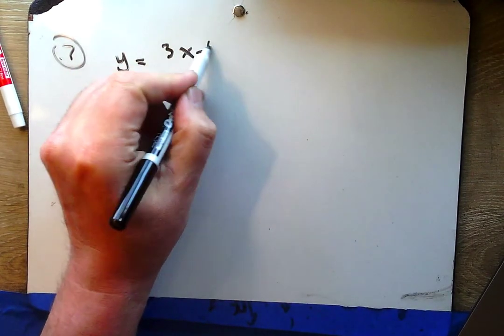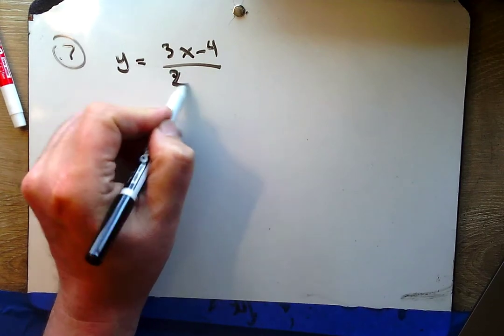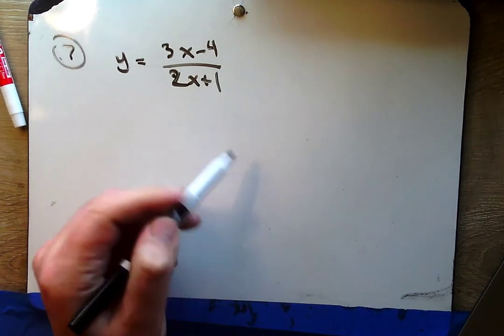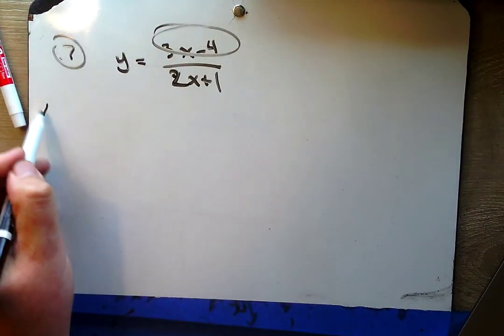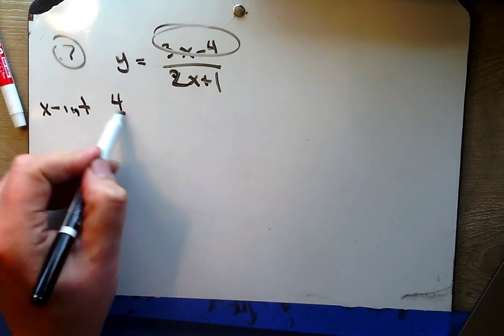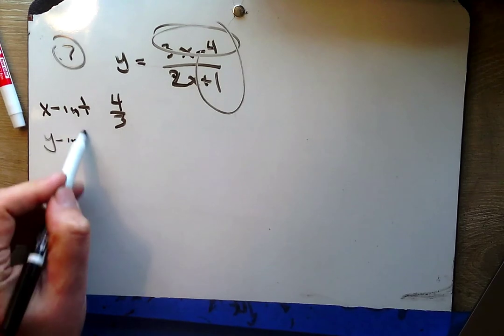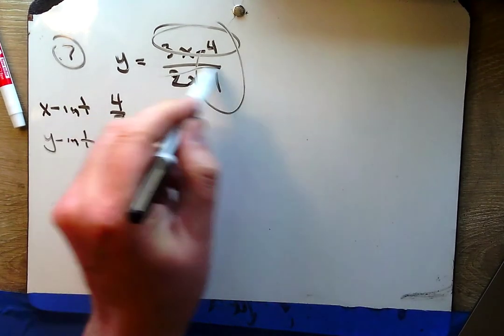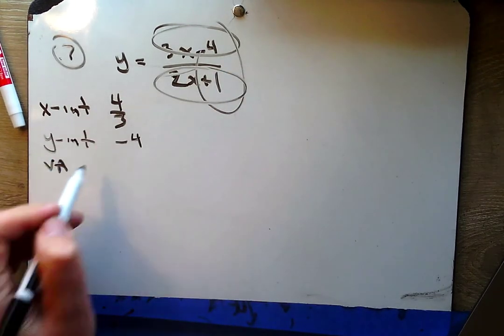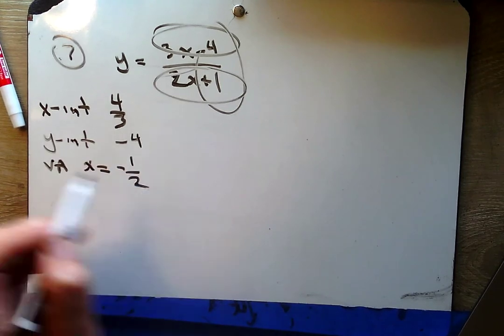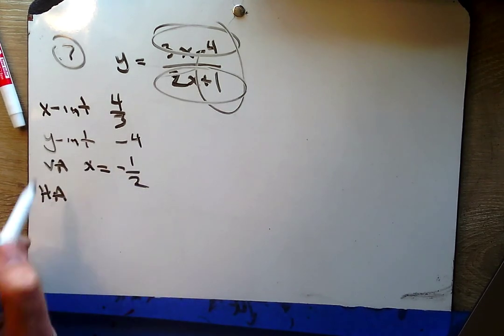7. F of x is 3x minus 4 over 2x plus 1. X-intercept, 4/3. Y-intercept, negative 4. Vertical asymptote, negative 1/2. And horizontal asymptote.